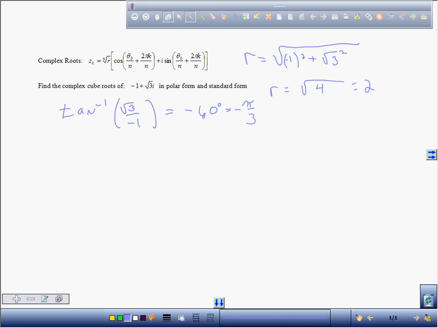So again, you need to add 180 to it. You understand? Well, that's a good rule of thumb to remember. Anyway, inverse tangent of that gives you negative 60 degrees. I'm going to add 180 to it, and I would get 120 degrees. So that is the angle for theta.